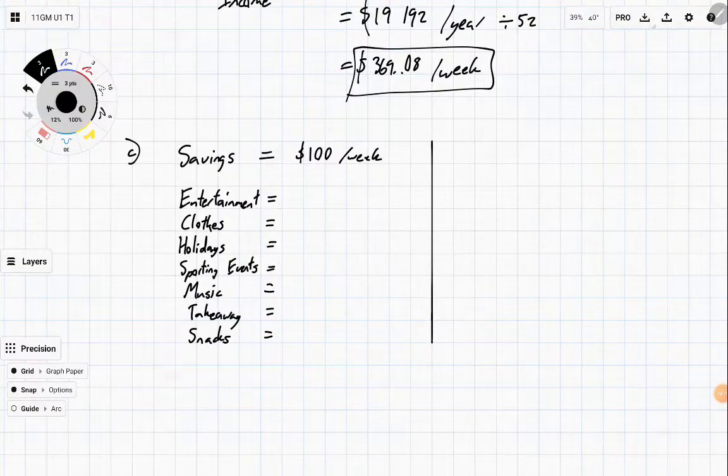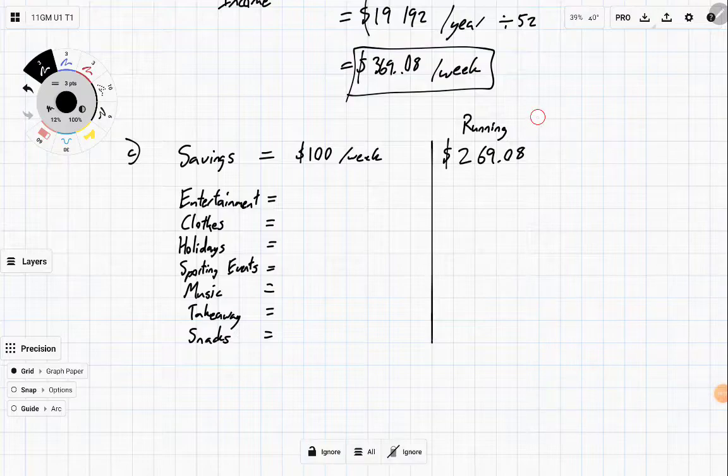So the first thing I'm going to subtract off is this $100, so that leaves me with $269.08 left. This is like a running total.